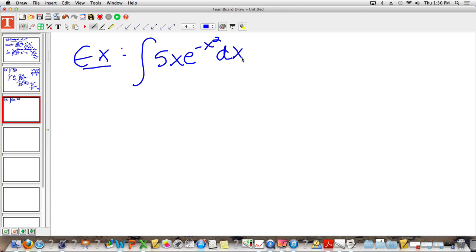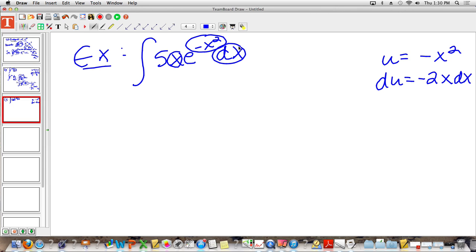What are we going to call u? Yeah, we're going to call it the power. So u is negative x squared. What is du? Negative 2x dx. So I go over here, and I notice that I do have an x and a dx over here, but I don't have a negative 2.